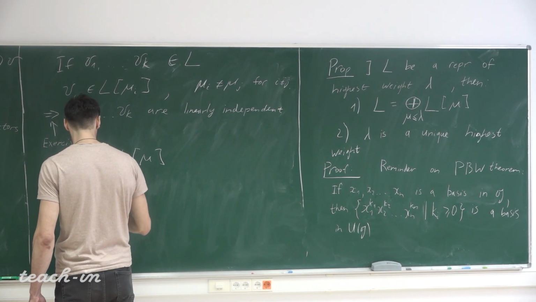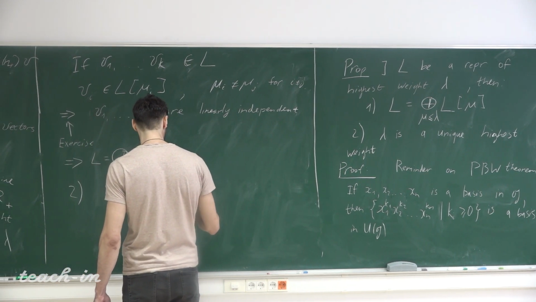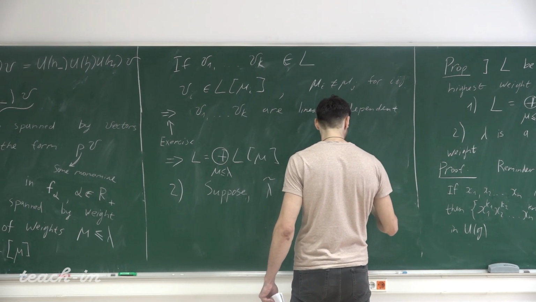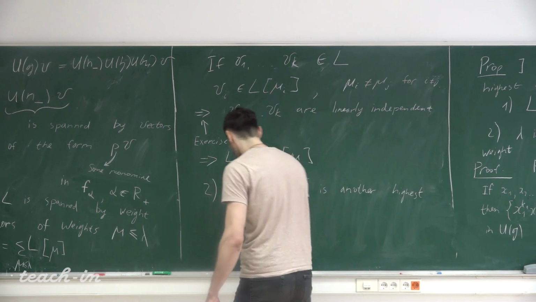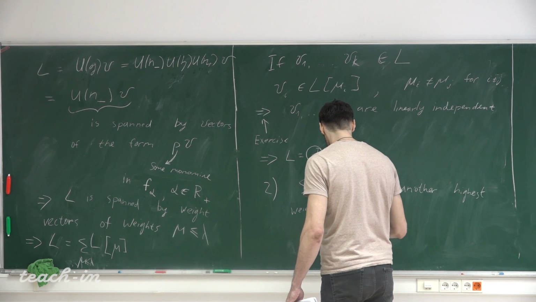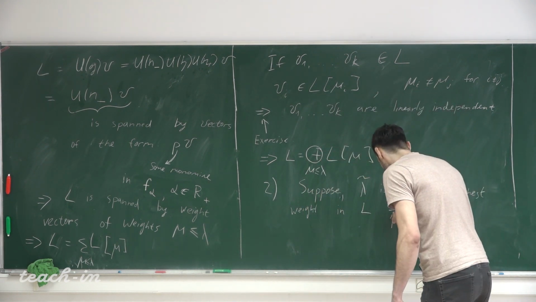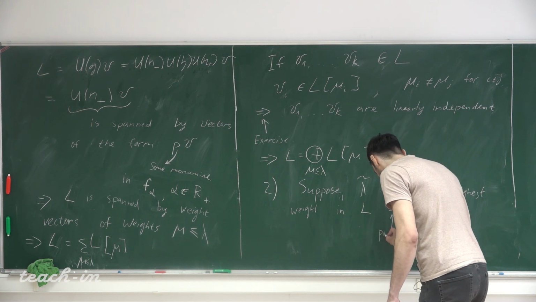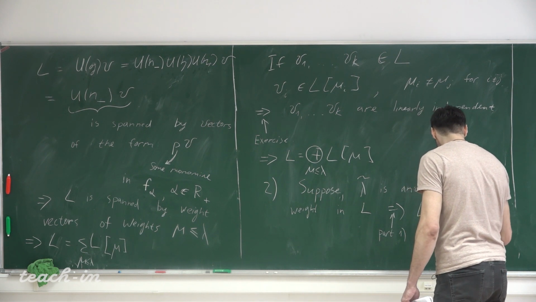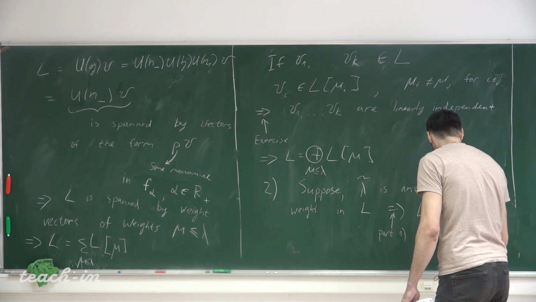Suppose lambda tilde is another highest weight in L. Then using part 1, we know that L is the direct sum of L mu as mu less or equal than lambda tilde.